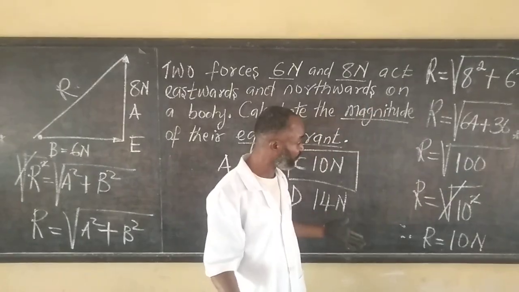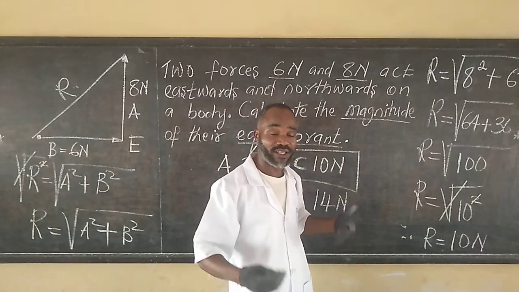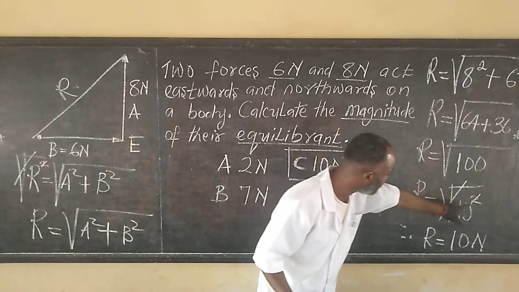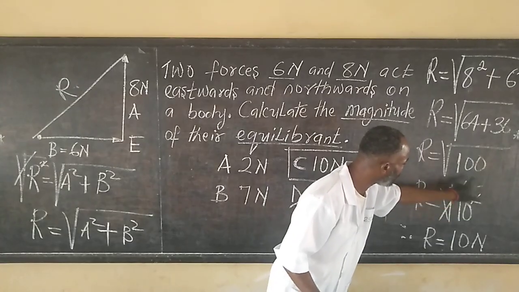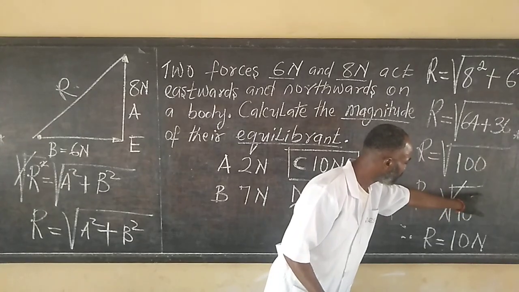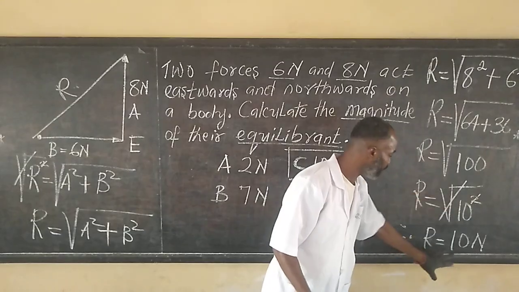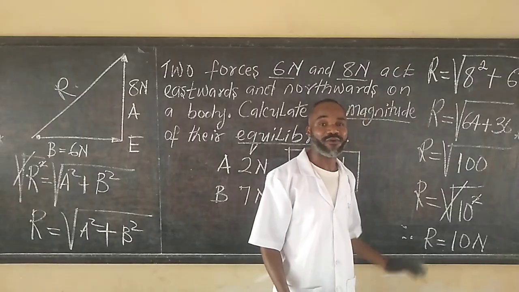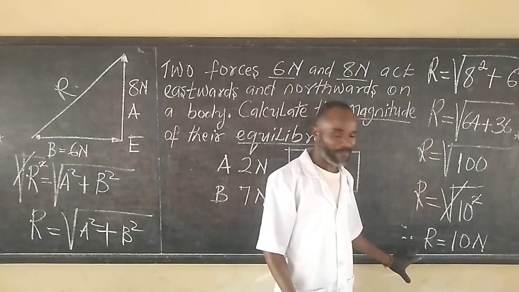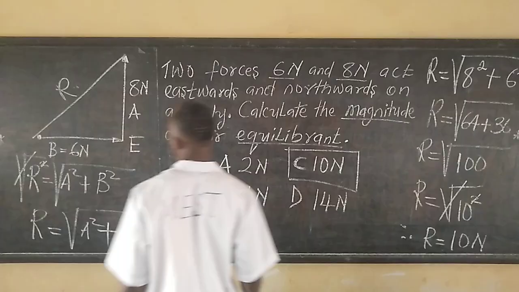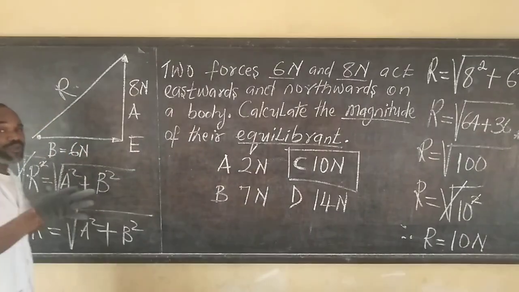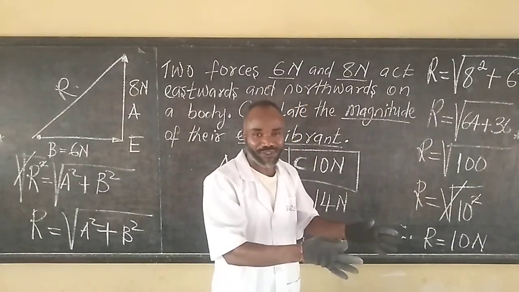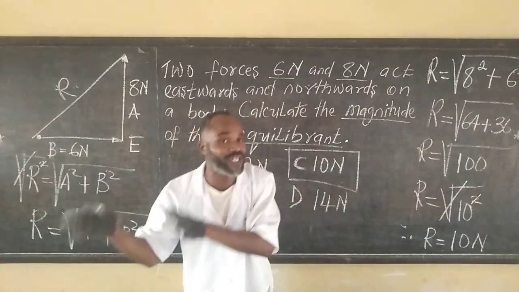Sometimes we need to simplify further. We know that 10 raised to the power 2 gives 100. We cancel the square and square root, and we are left with 10 Newton. This is the resultant. We know that the equilibrant always acts opposite, with the same magnitude as the resultant but in the opposite direction.